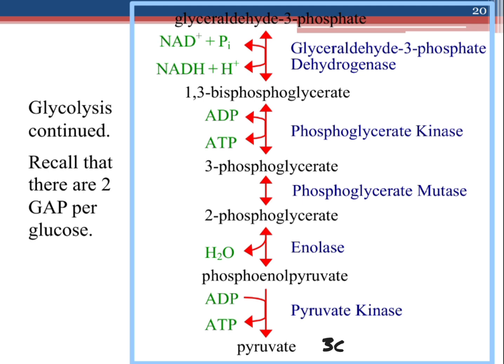Remember, kinases are very important when it comes to transfer of functional groups. Basically, in this context, we are seeing a transfer of a phosphate from phosphoenolpyruvate to ADP to form ATP, and in due course we shall form pyruvate. Now, we need to go ahead and see the different reactions that happened in glycolysis.